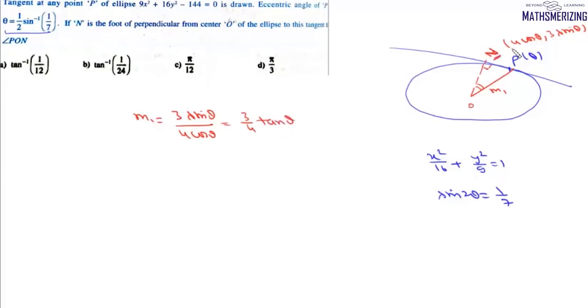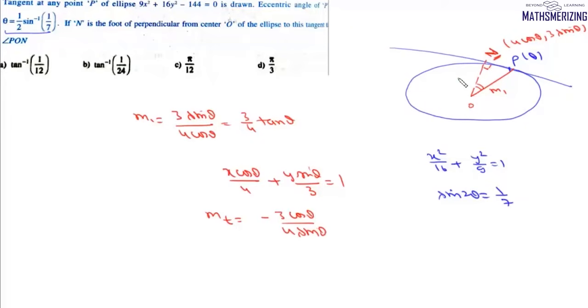Now we need to find the slope of ON. Now we know that the equation of the tangent is given by x cos theta upon a plus y sin theta upon b, and it is equal to 1. So what is the slope of this tangent? So the slope of this tangent will be minus 3 cos theta upon 4 sin theta.